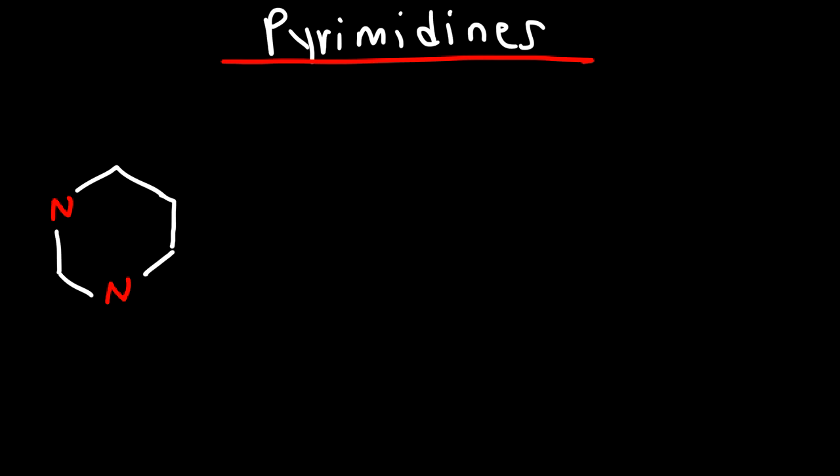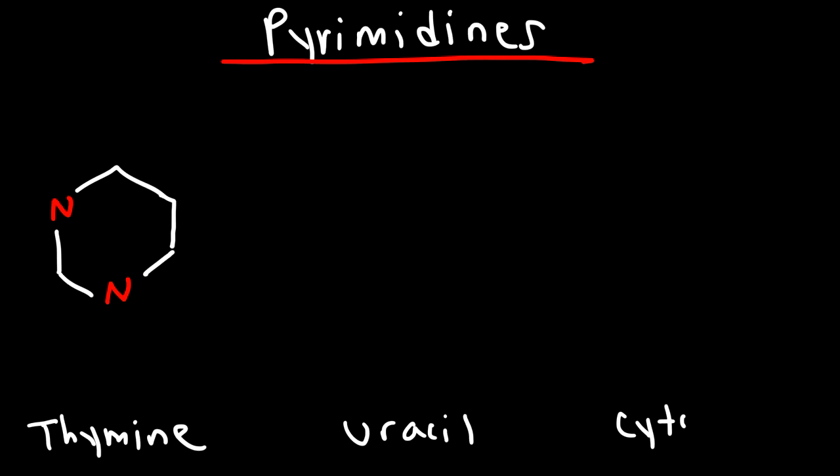We only have a 6-membered ring here, but we're not going to have the 5-membered ring for the pyrimidines. But the structure of the 6-membered ring is very similar. So on the left, I'm going to draw, let's start with thymine. And then in the middle, I'm going to draw uracil, and then cytosine.